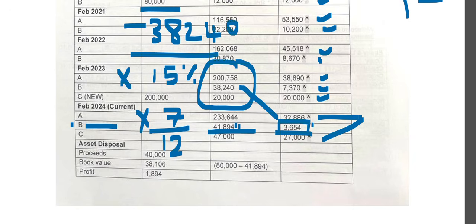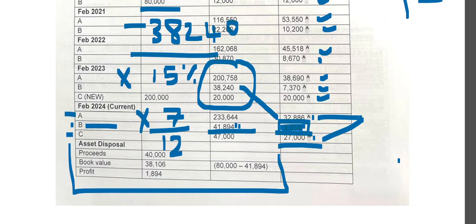If you add the 32886 plus the 27, remember we've done the 3654, that was the asset we got rid of, and we still have A and C, and if you use the reducing balance method, you will get 32,886 for A and 27,000 for asset C. And there's just a little calculation of the profit we've already calculated.